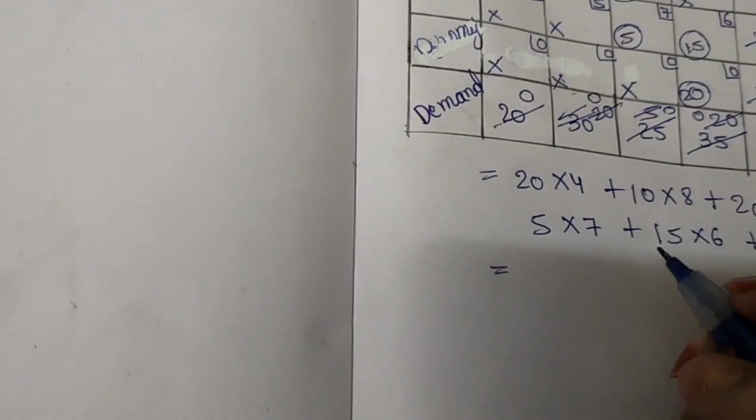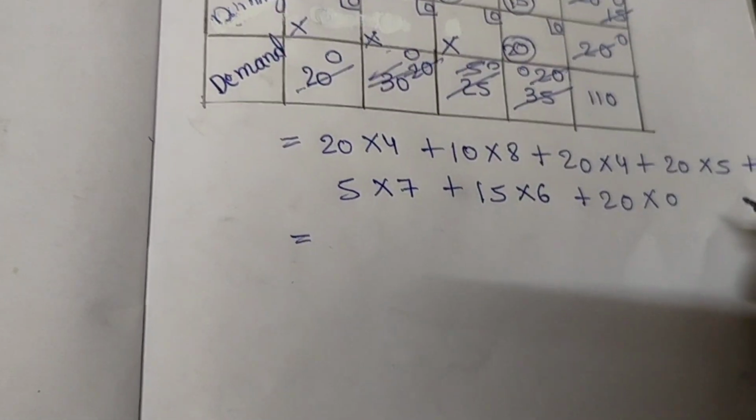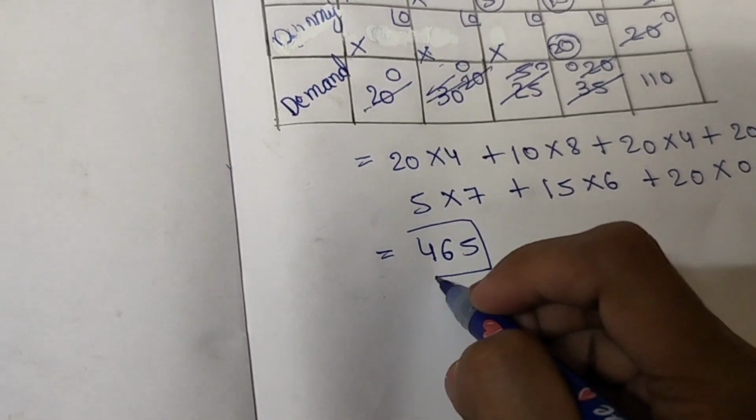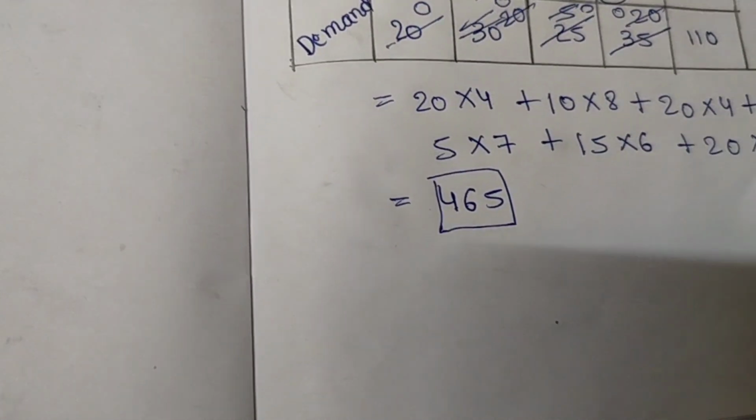All this we will calculate. After calculating all this, we have got the answer 465. This is under the northwest corner method.